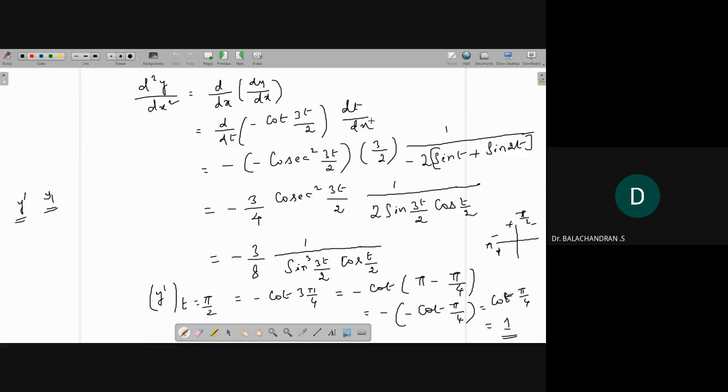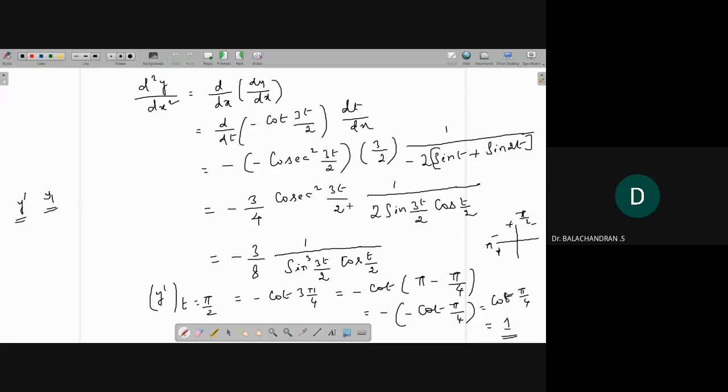And dt by dx is just the reciprocal of dx by dt, which is 1 by minus 2 into sin t plus sin 2t. Please check it: there are 3 minus signs, so the result is minus, and 3 by 2 into 2 gives 3 by 4 into cosecant square 3t by 2.